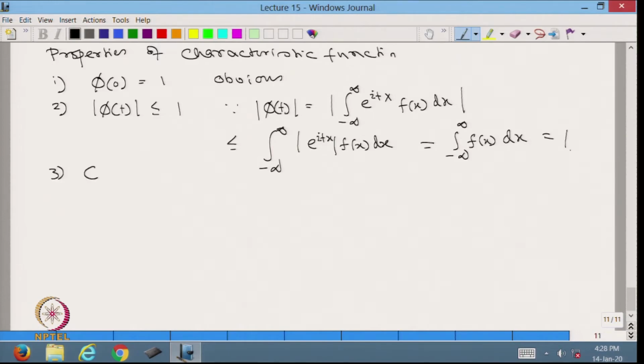Three, phi x at t and phi x at minus t are complex conjugates.